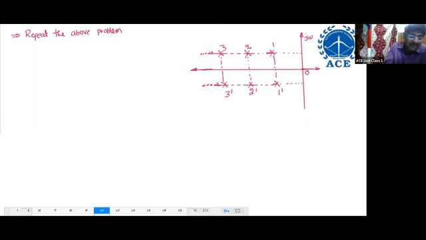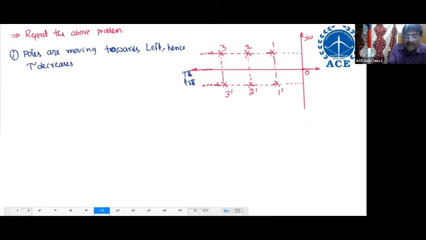Poles moving towards the left means the time constant decreases and the settling time decreases.